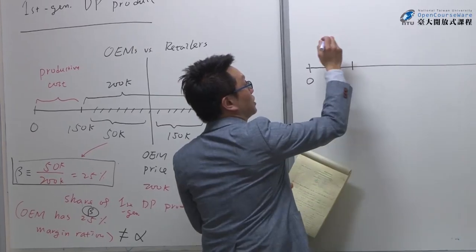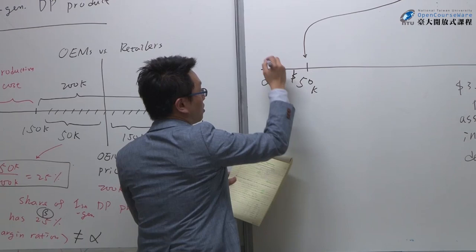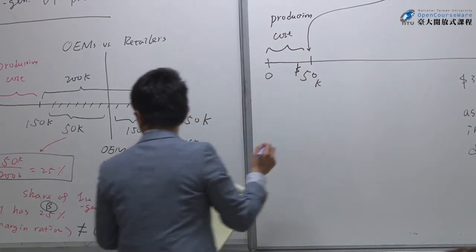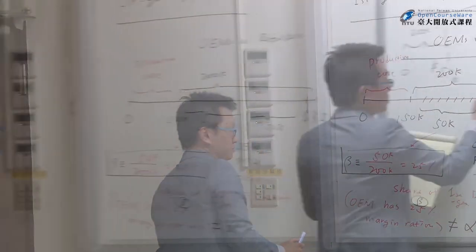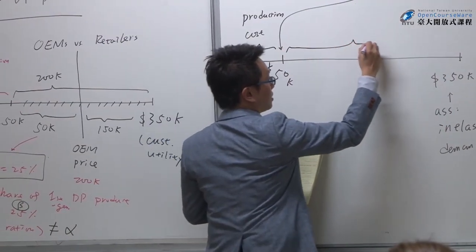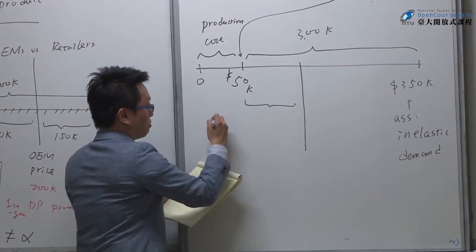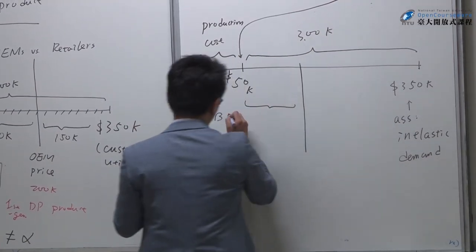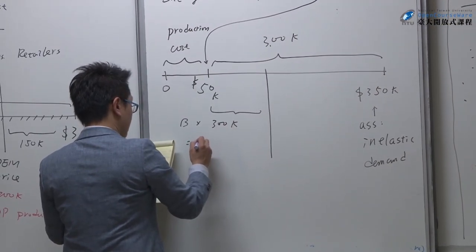Now, your innovation is mainly for reducing assembling cost. So now your production cost is only 50K, and we want to calculate the OEM price now. Do you remember we already calculated each OEM has 25% margin. So now I know the total value generated will be 300K, and I can use beta, that is product margin 25% times 300K, I will get 75K here.